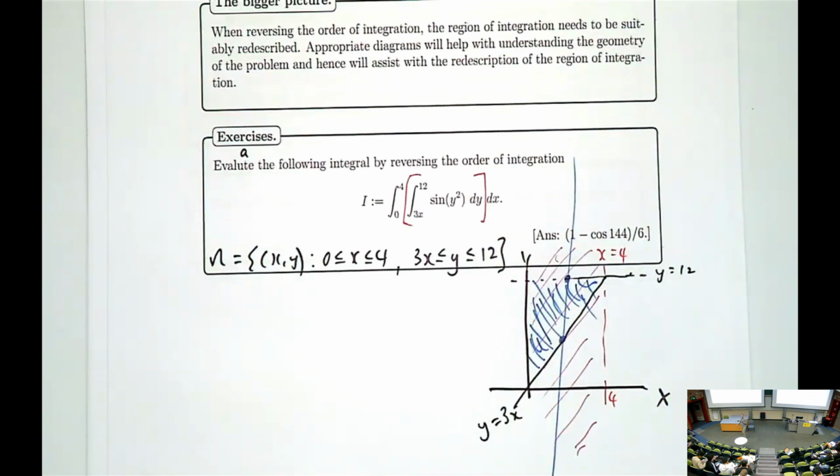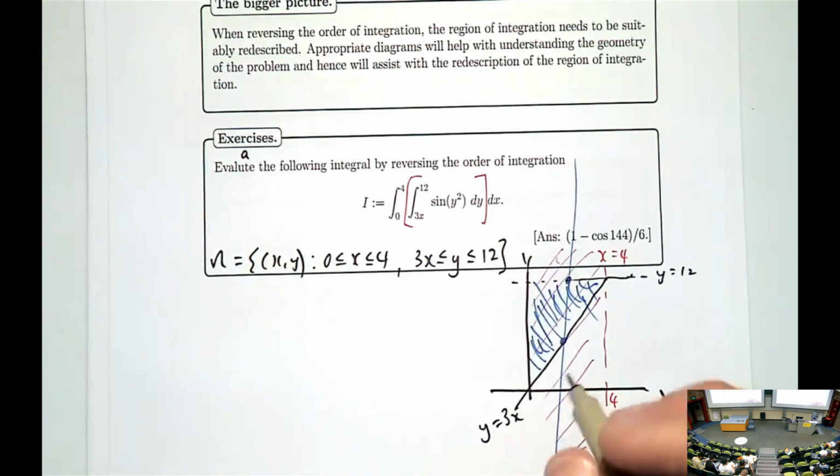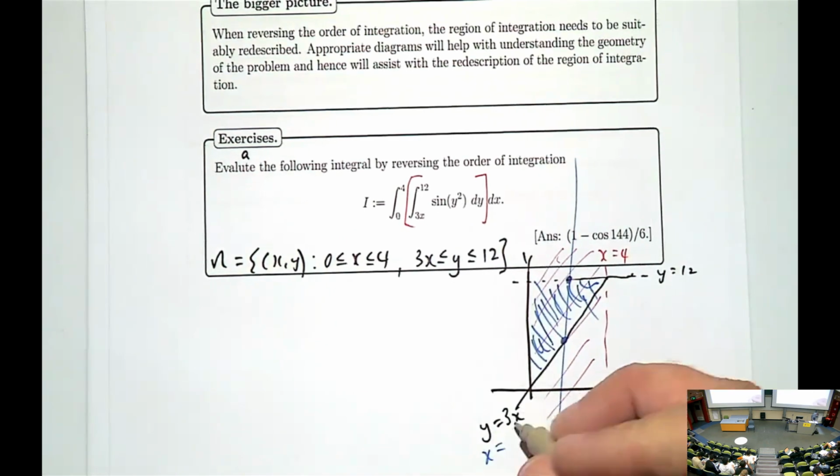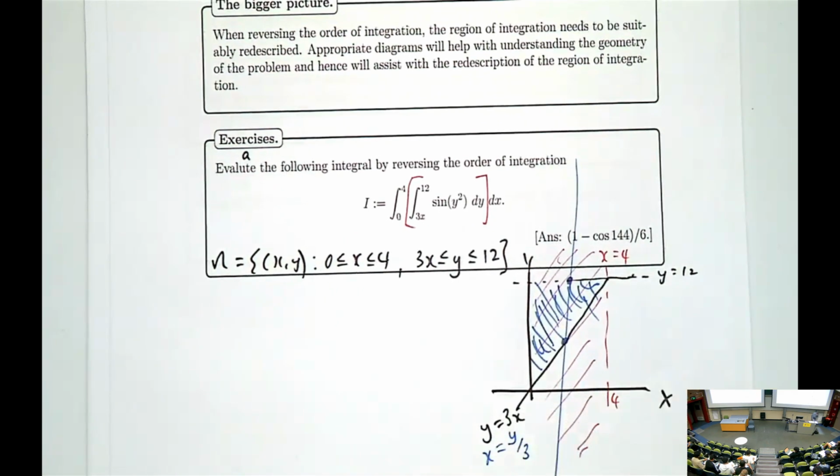Okay? So let's redescribe it, and we can set up the integral. So instead of having y as a function of x, let's do something dangerous and have x as a function of y. I know. Crazy, huh? Okay? And instead of having two vertical parallel lines, let's have two horizontal parallel lines.